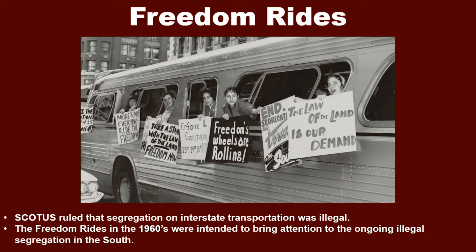So buses could be integrated, and people didn't like this. So in a form of protest, we found groups of people who were riding the buses from one state to the other, specifically in the South, protesting and making sure that segregation was being stopped.